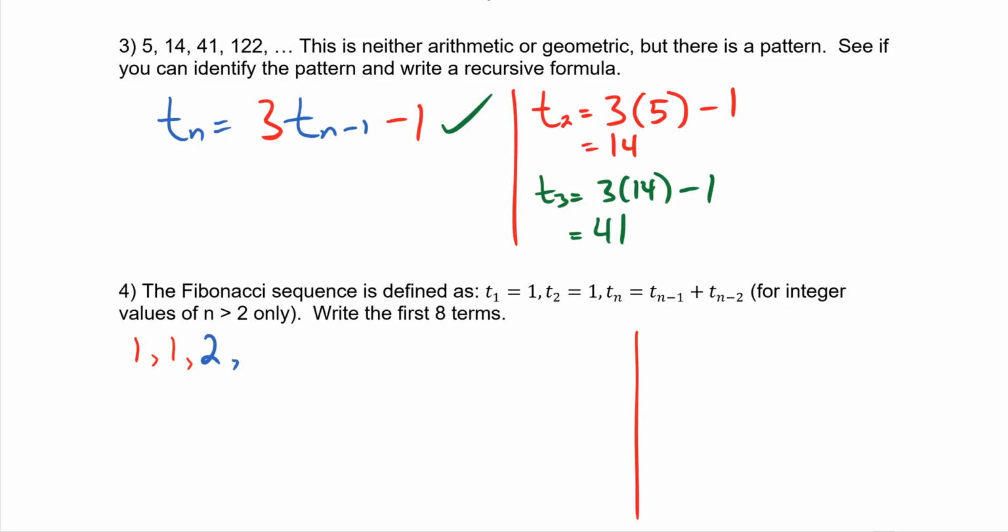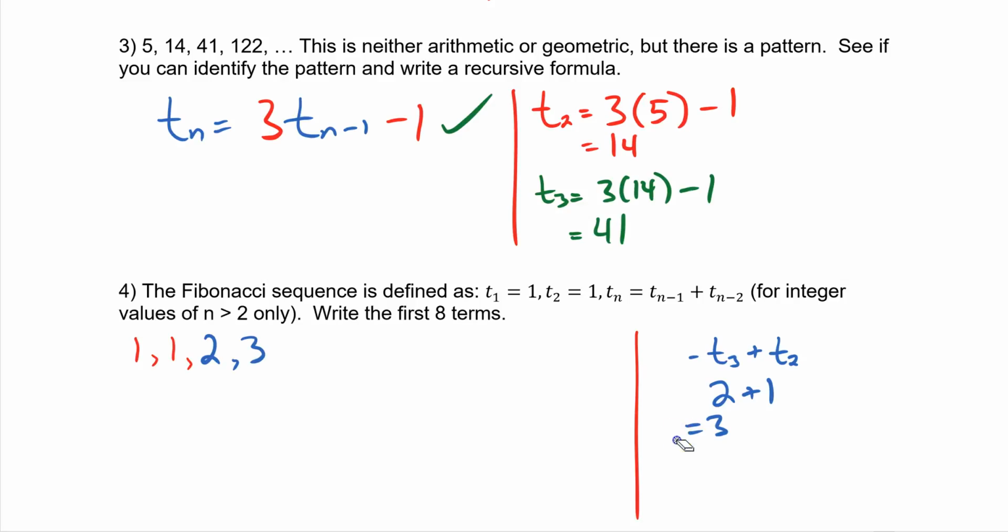Now to figure out the next term, term number 4, n minus 1, the previous term, is term 3, plus n minus 2 would be term 2, which is going 2 terms back. Now term 3 we just calculated as 2, plus term number 2, which is 1, the next value will be 3.